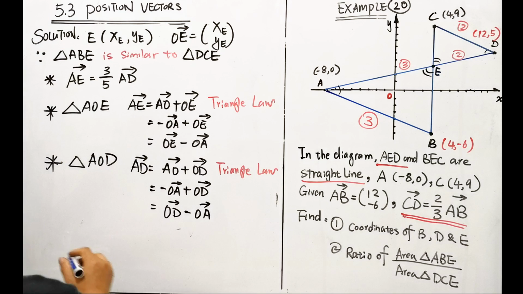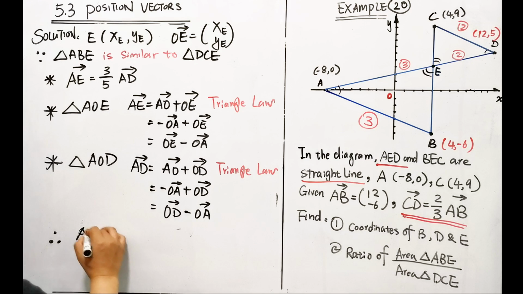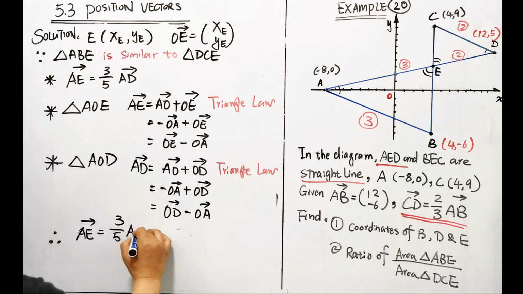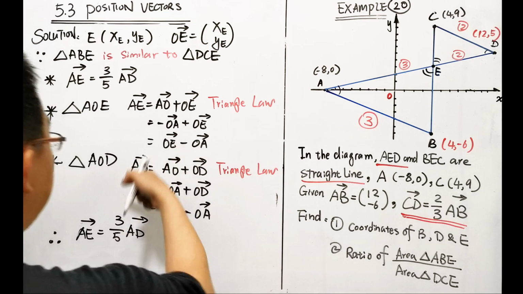So finally, what do we get? This AE equals 3/5 AD. So we just bring them in.